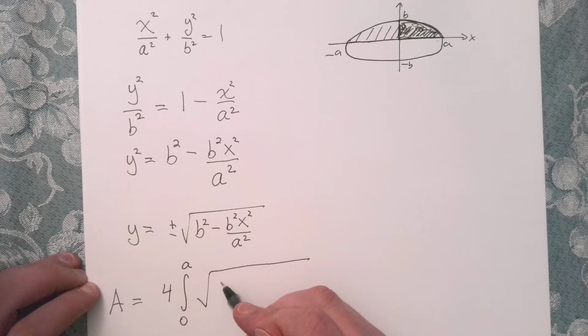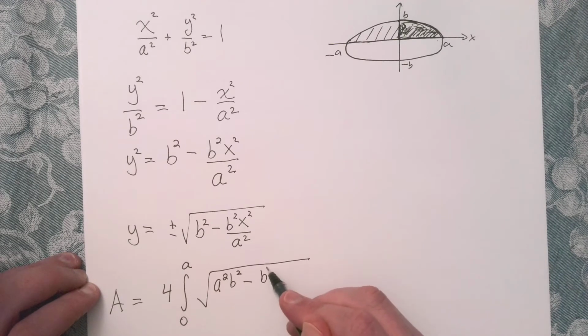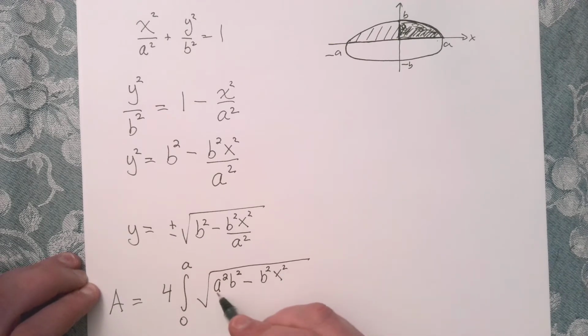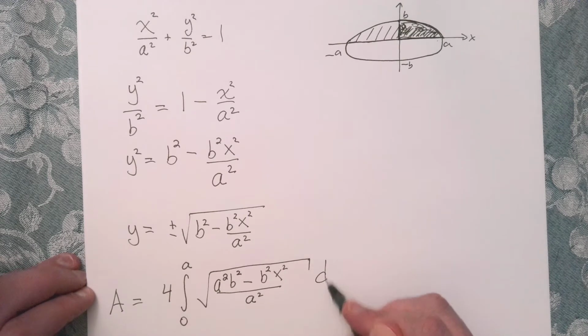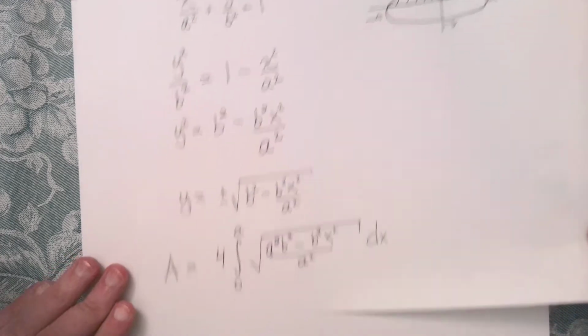Let's see what happens. So this will be, looks like, a squared b squared minus b squared x squared all over a squared, and that'll be dx. Okay, so that seems pretty good so far. And so let's go ahead and take the square root.